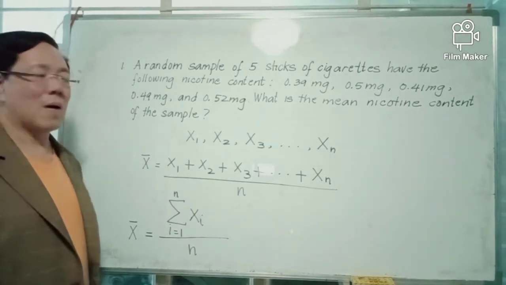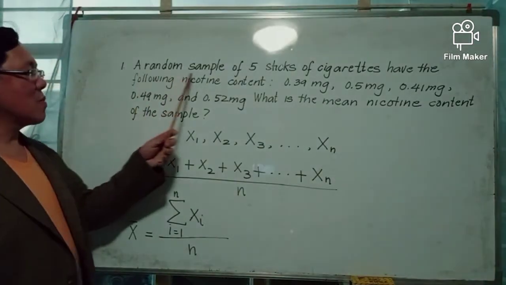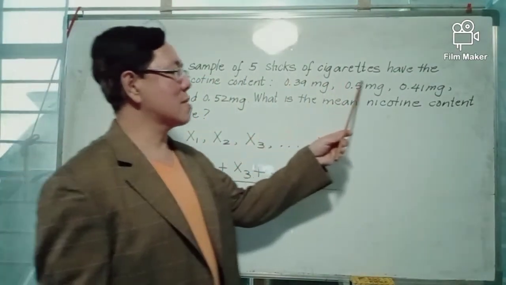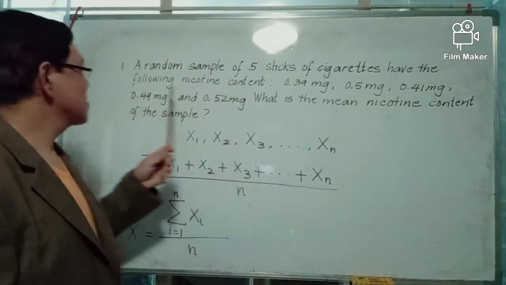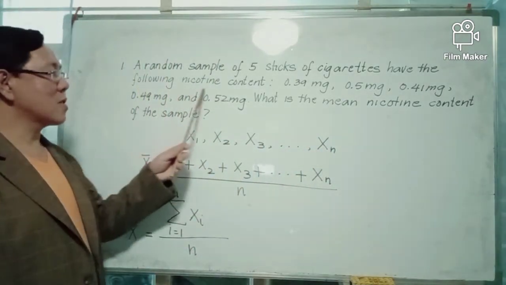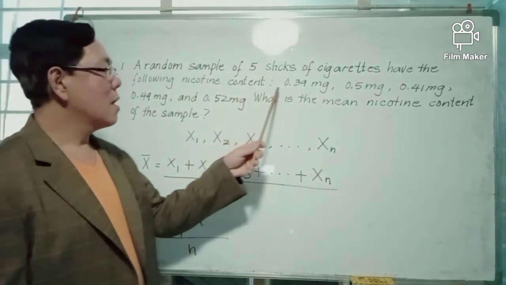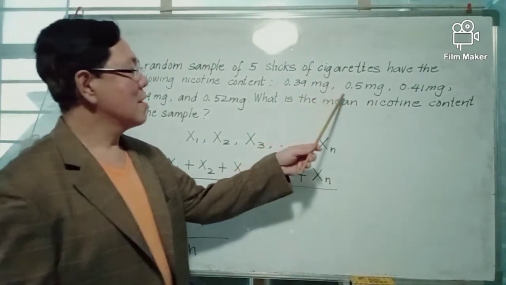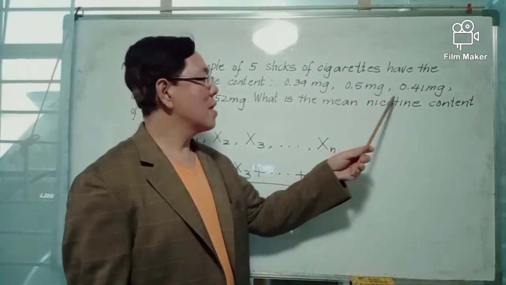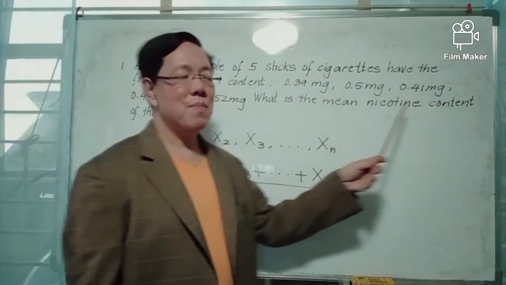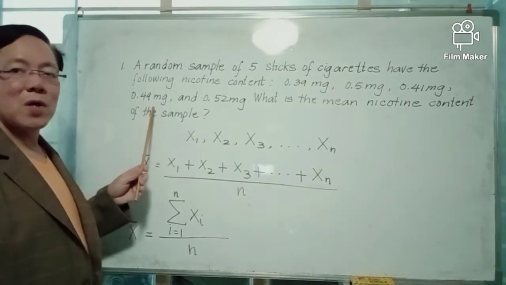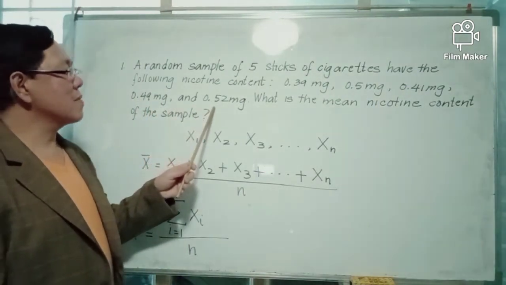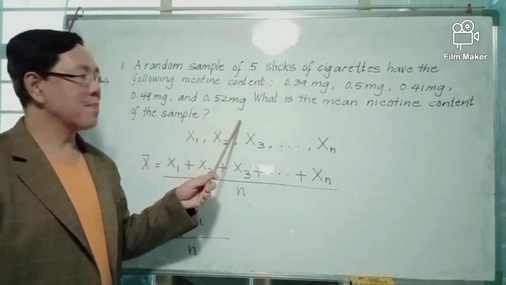Consider the following example. A random sample of 5 sticks of cigarettes have the following nicotine content: 0.39 mg, that's milligram, 0.5 milligram, 0.41 milligram, 0.49 milligram, and 0.52 milligram.